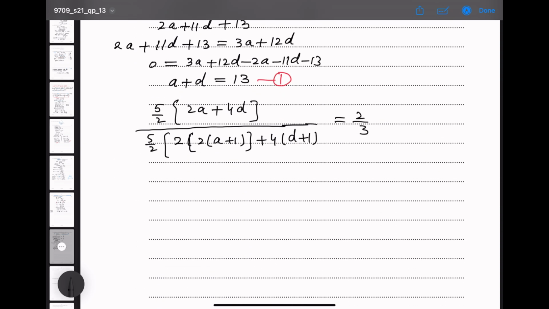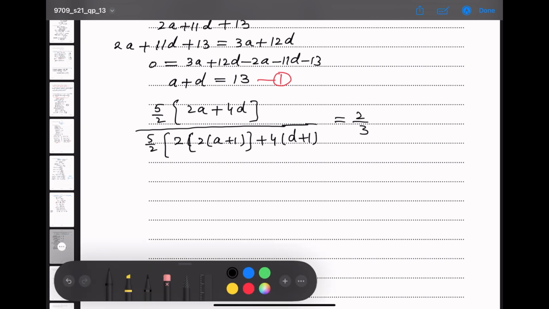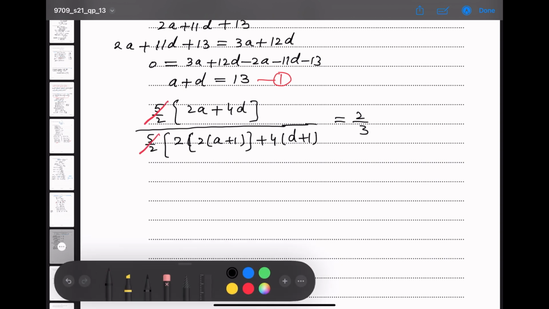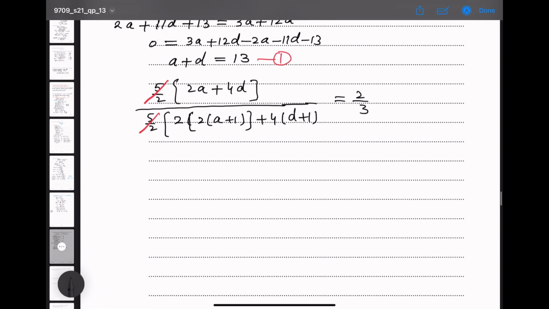Now we will simplify it and make another equation in A and D like equation number 1. We can cancel out the 5 over 2 from numerator and denominator. The numerator is 2A plus 4D.